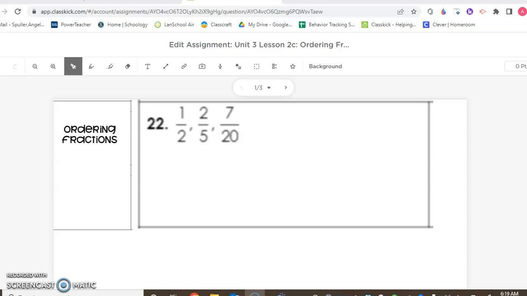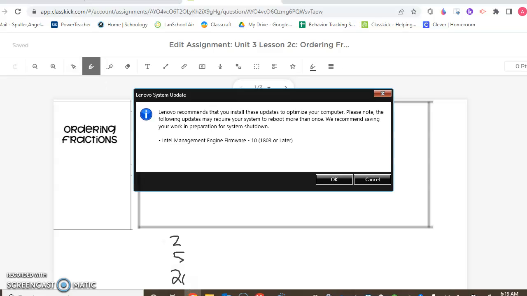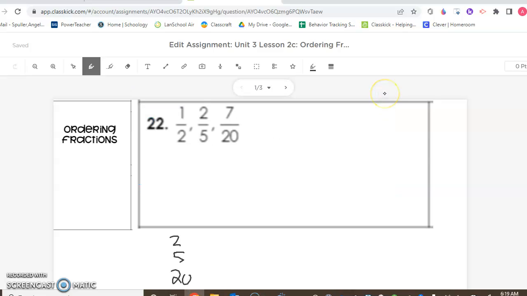All right, so the best thing to do when you're ordering fractions is to get common denominators. So if I look at 2, 5, and 20, and I look to see what is the lowest common multiple, well, I count by 2's: 2, 4, 6, 8, 10, 12, 14, 16, 18, and 20.